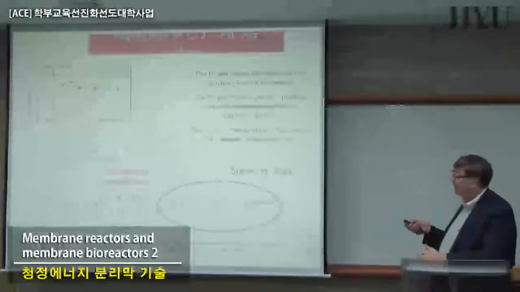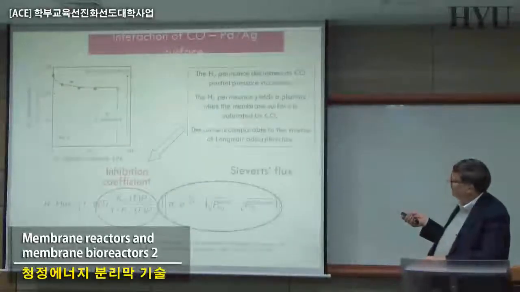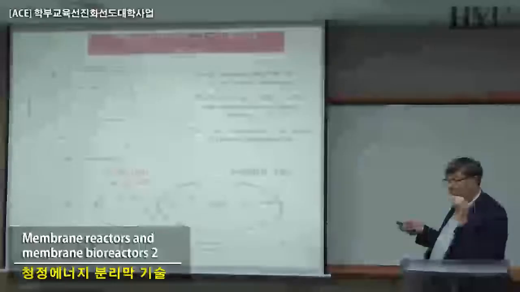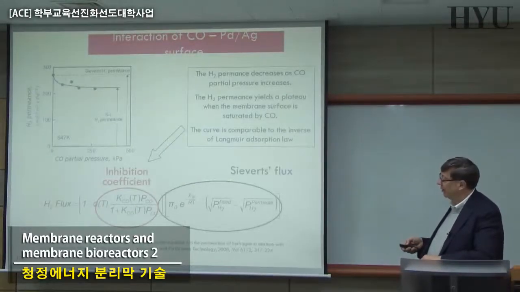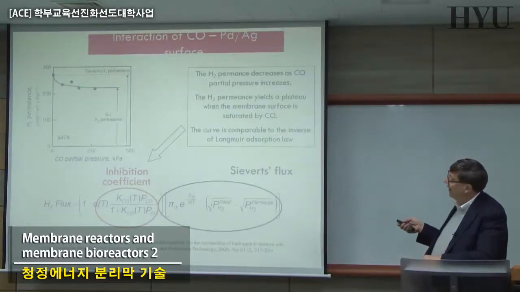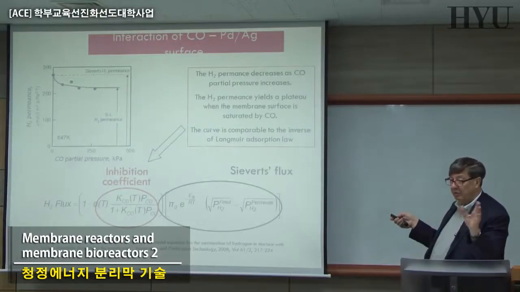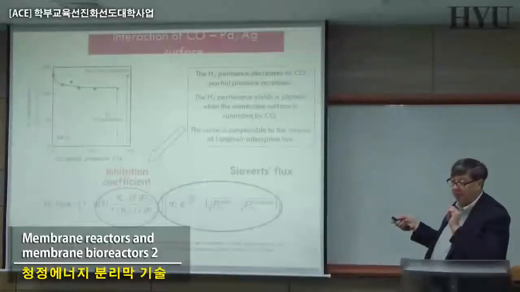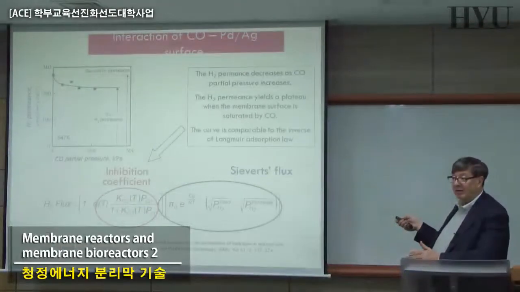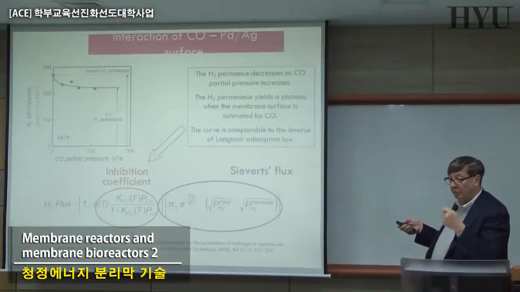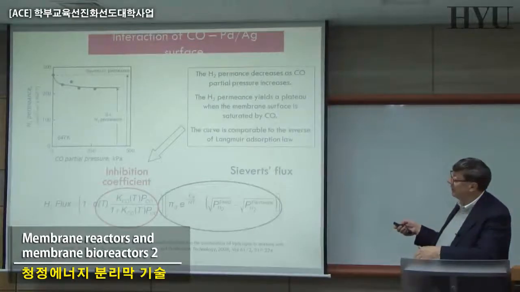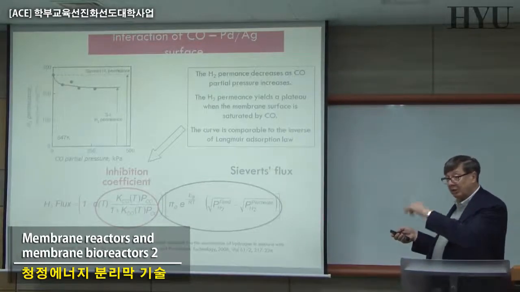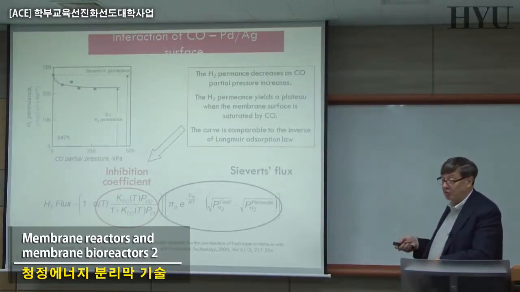So it's a kind of real inhibition phenomenon that reduces the active sites, assuming the validity of the model, but the model is the most interesting one today, and you can see a Langmuir absorption law. The CO that is arriving is blocking some of the active sites where the hydrogen was supposed to interact and to be split, changing the capability of the hydrogen to interact and penetrate and diffuse as native hydrogen.